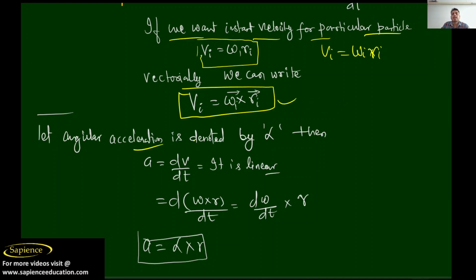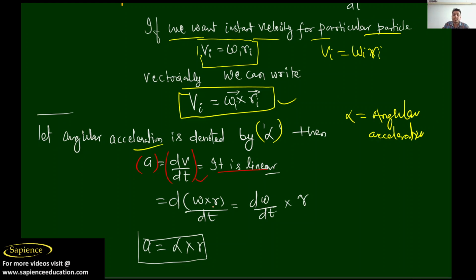Now let the angular acceleration be denoted by alpha. Alpha is your angular acceleration. So how will you find a relation of linear acceleration with the angular acceleration? As we know, linear acceleration is the rate of change of velocity with respect to time t.